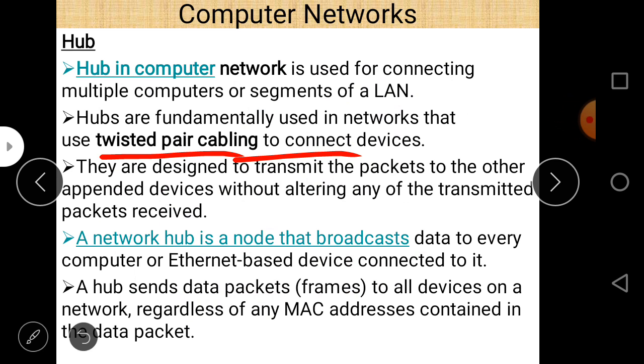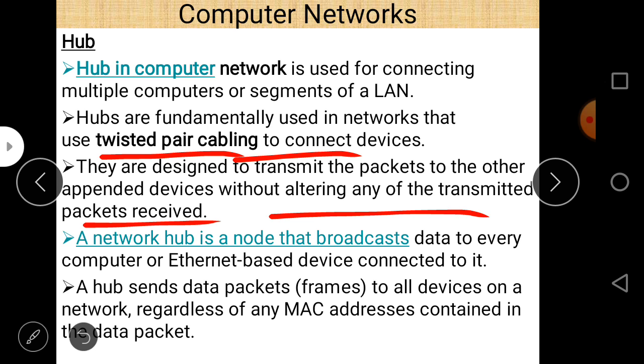And the second important thing is that it is not an intelligent device. And why do we call this not an intelligent device? Because it broadcasts the data. Hubs are designed to transmit the packets to the other attached devices without altering any of the transmitted packets received.